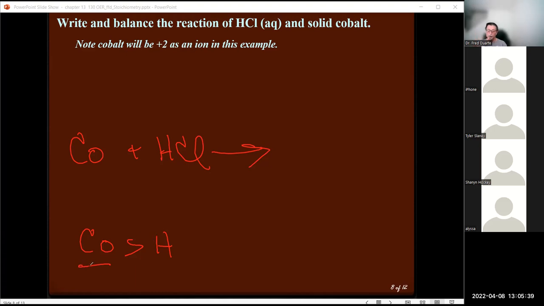Well, cobalt is more reactive than hydrogen, and it is in elemental form. So yes, the reaction proceeds. So what that means is that this hydrogen, which is in ionic form, gets converted to elemental form, into H2, okay?